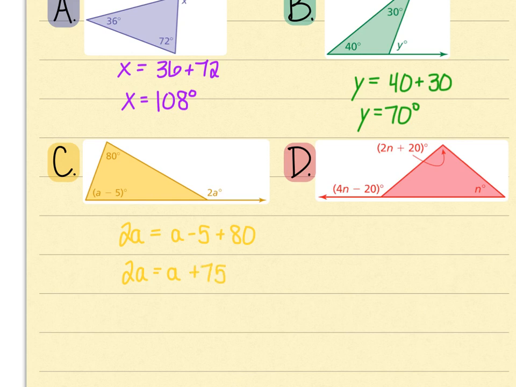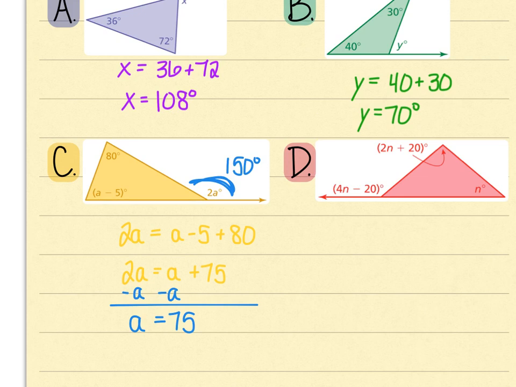And so now I'm practicing something I did earlier in the year, which is solving equations with variables on both sides. And to do that, we're going to move the variable terms to the same side. And that's going to give us 1a, or just a, equals 75. So if a is 75, and I need to know what the exterior angle measures, then 2a is going to equal 150 degrees. So my final answer is 150 degrees.